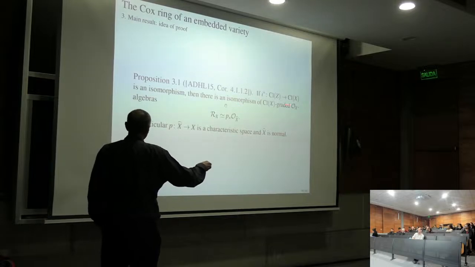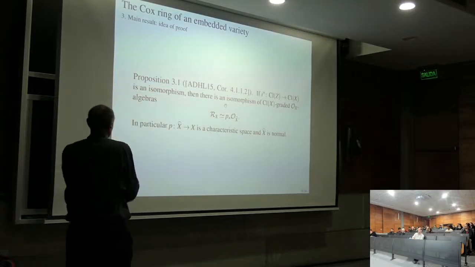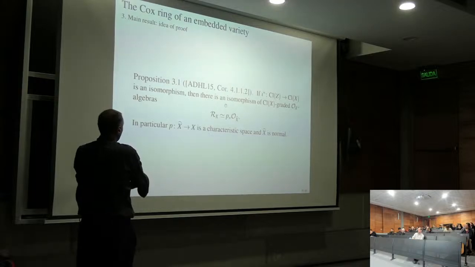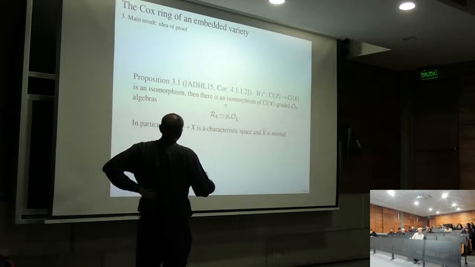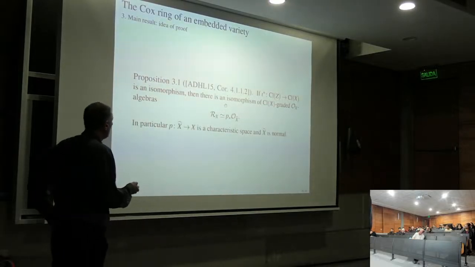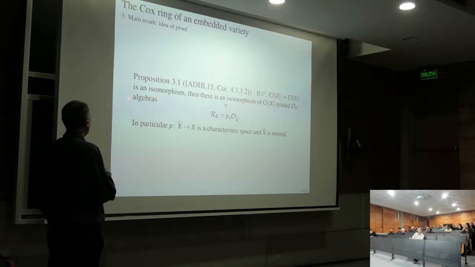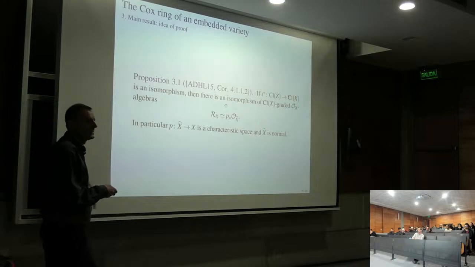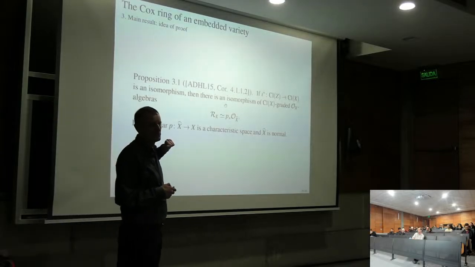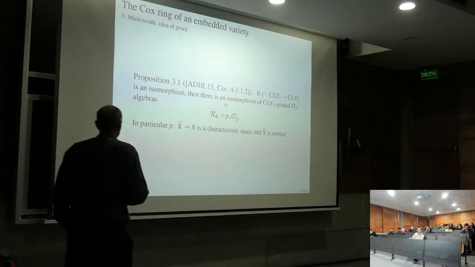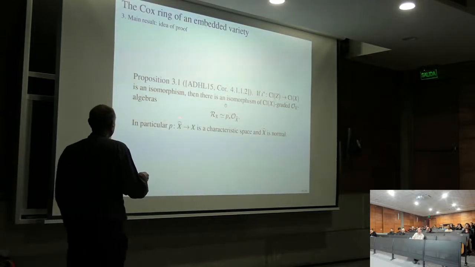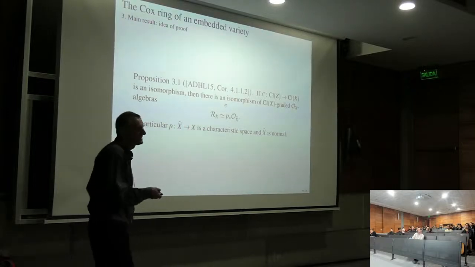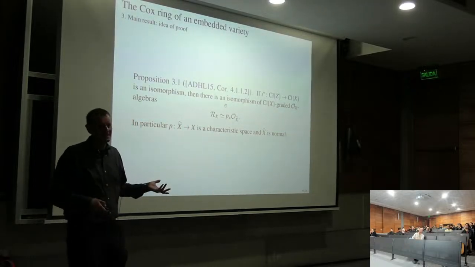So assume this; for example, this is automatic by Lefschetz whenever X is ample. Then there is an isomorphism of graded O_X-algebras. So this is the Cox sheaf, and this is the push forward of the sheaf of regular functions on X hat. In particular, as a consequence of this, this map that I showed before is a characteristic space, and X hat is normal.